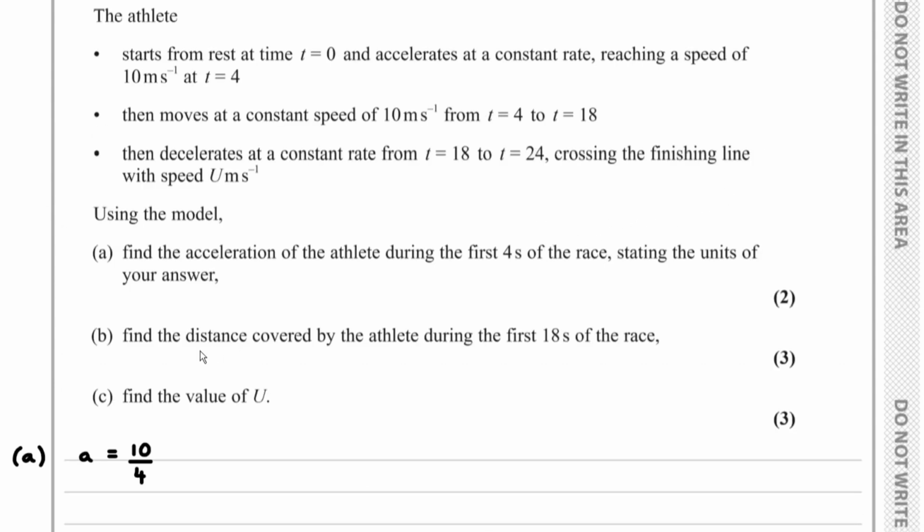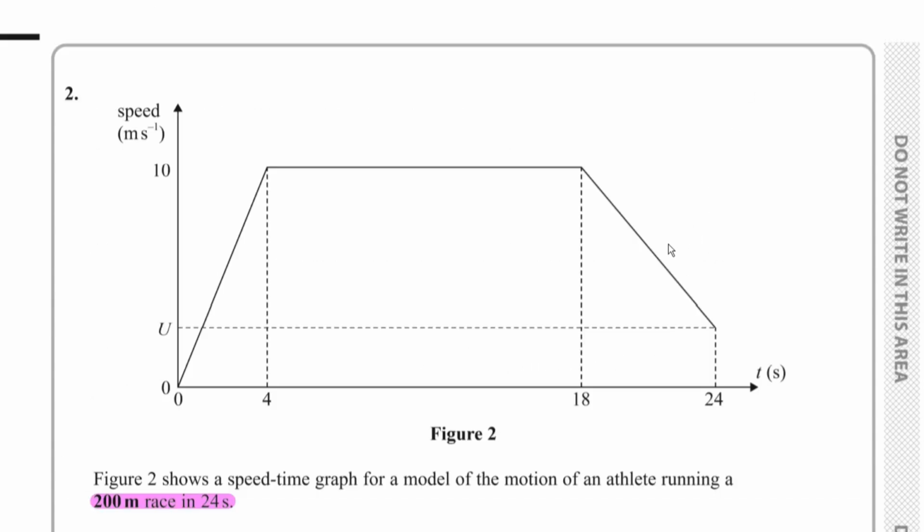Part B. Find the distance covered by the athlete during the first 18 seconds of the race. To find the distance covered in the first 18 seconds of the race, we are required to find the area under the curve between 0 and 18 seconds, and that is split up into 2 parts. We've got a triangle in the first 4 seconds, and then we have a rectangle in the next 14 seconds.